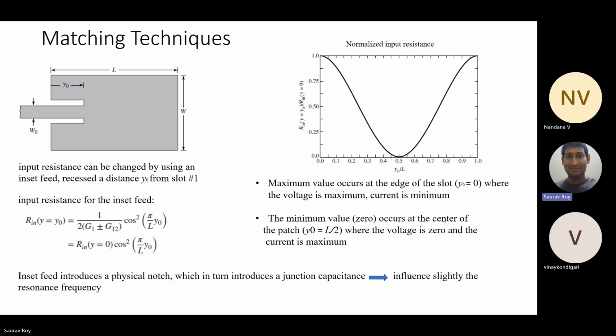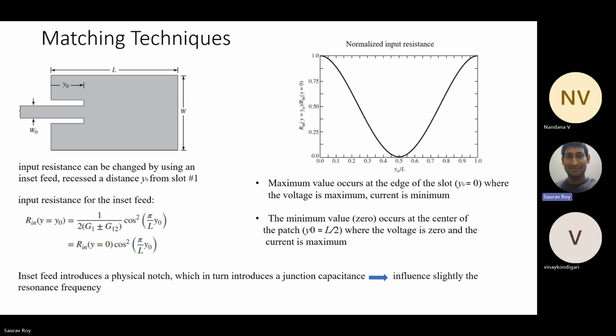I said inset feed introduces a physical notch. Notch means you are cutting some portion of the antenna, and it introduces a junction capacitance. There is an air-substrate gap between the microstrip line and the patch antenna. This acts as some capacitance.